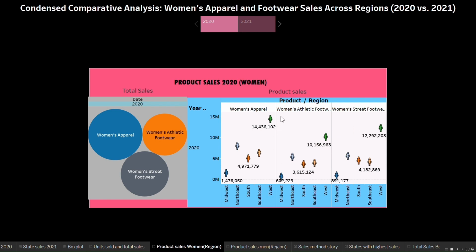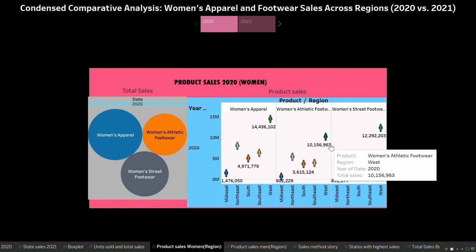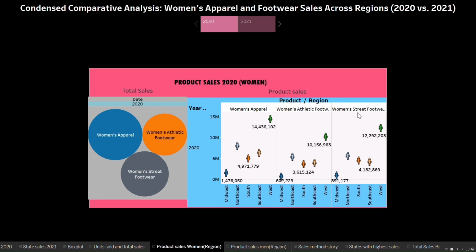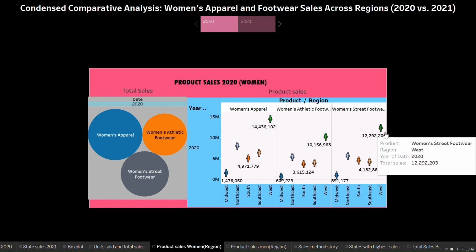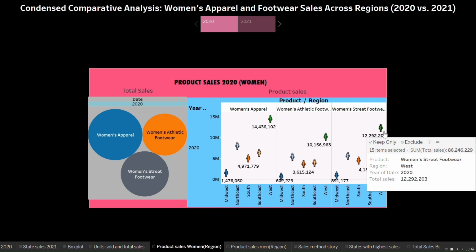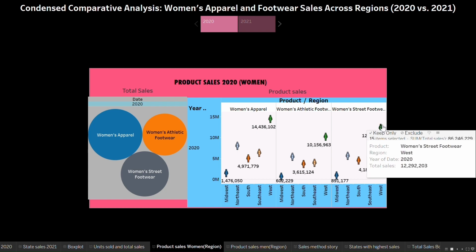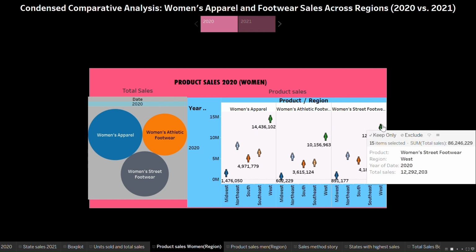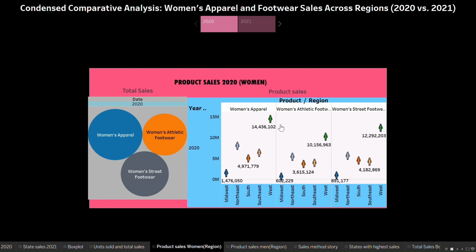With women's athletic footwear, the highest sales were also in the West, 10 million. With women's street footwear, the highest sales were also in the West, at 12.2 million. So generally in 2020 the West made more sales than the other regions.